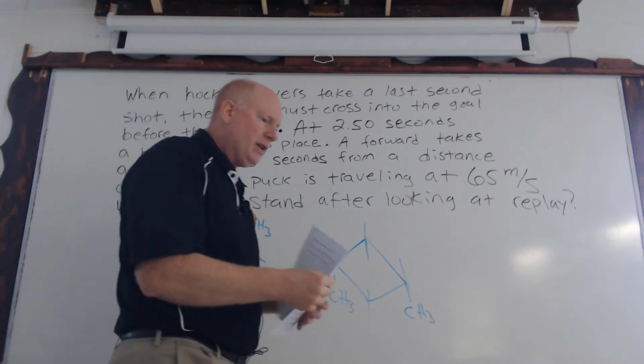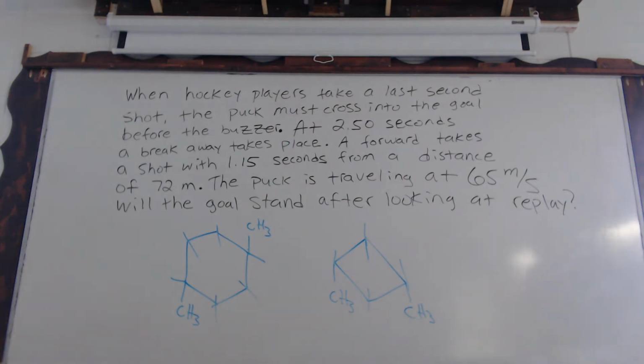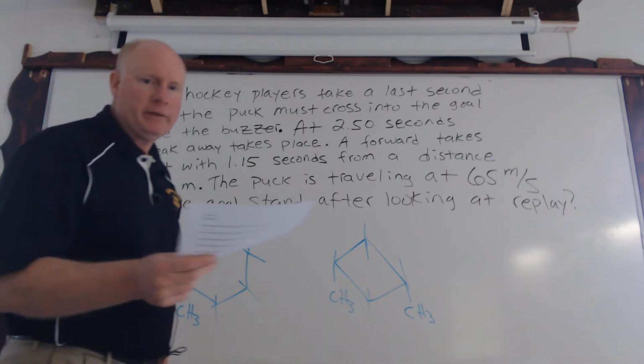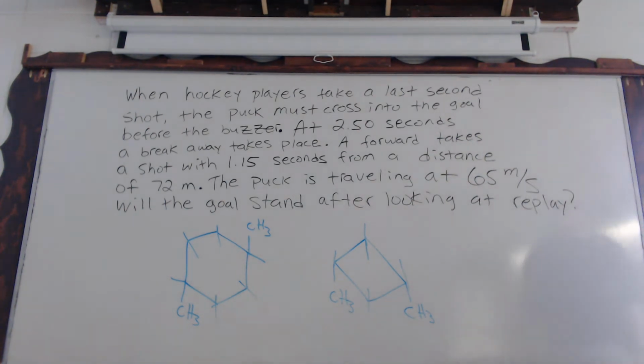I want you to think about cis-stereoisomerism within a ring structure, which both of those are ring structures. Two derivatives or two substituents are on the same side, which means they're pointing in the same direction. That's one way of looking at it. Or another way, with trans isomerism within a ring structure, two derivatives or substituents are on opposite sides.